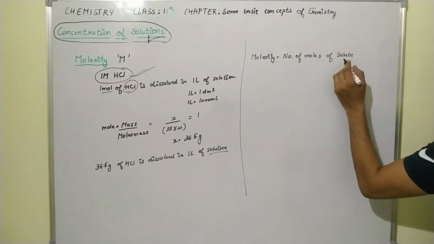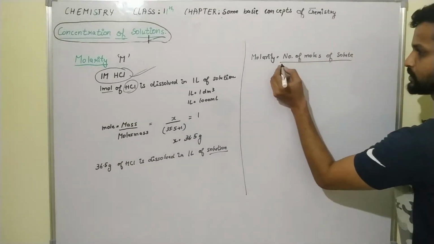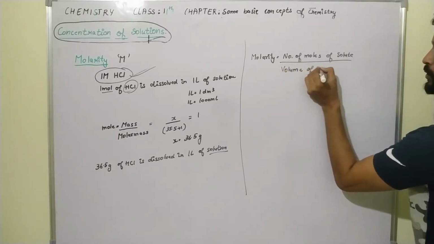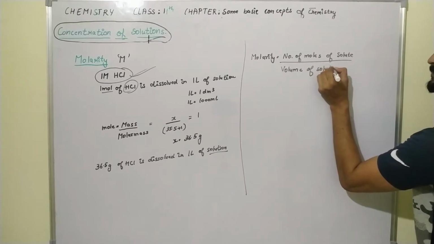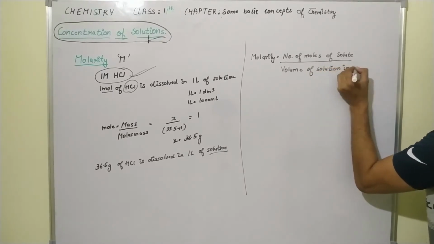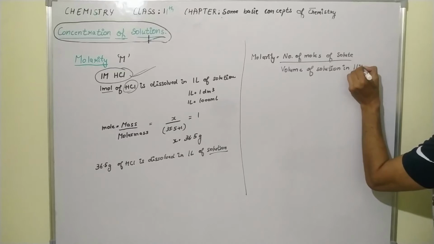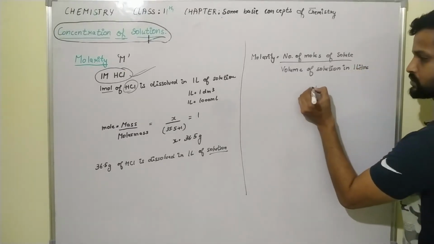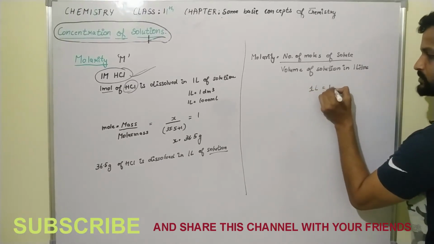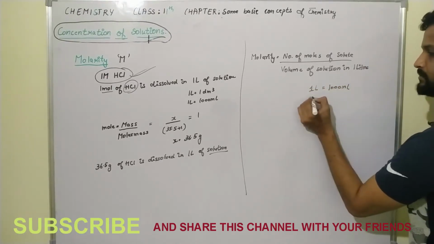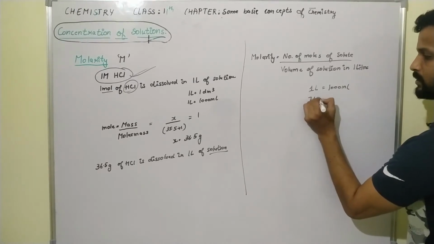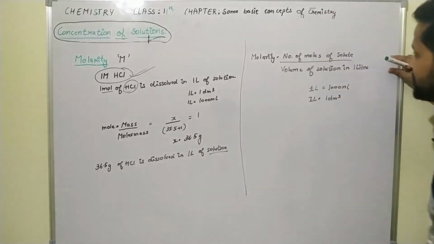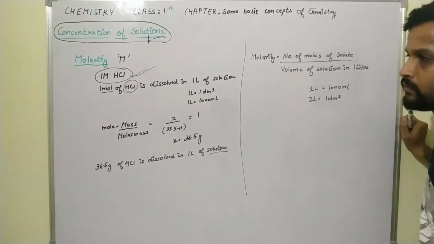Number of moles of this solute dissolved in volume of solution in 1 liter. So here a liter is taken as standard. 1 liter is equal to 1000 milliliter or 1 liter is equal to 1 decimeter cube. So this is a definition and this is the practical meaning of molarity.